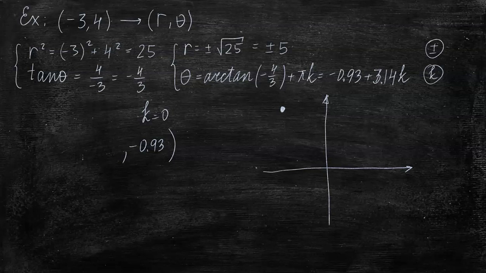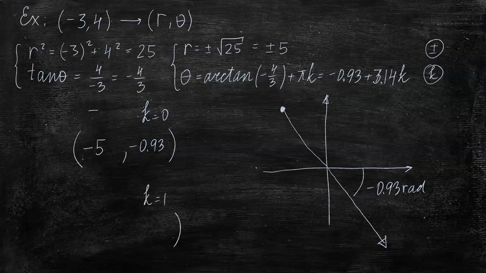But if you choose k equals 0, negative 0.93 radians will be facing this way. So in order for you to still land on this point, we have to choose r to be negative 5. So this is going to be one answer. However, if you choose k to be 1, you're going to end up with the angle going this way.